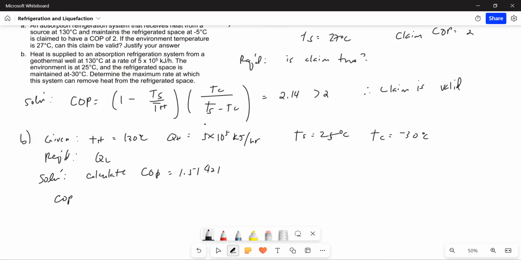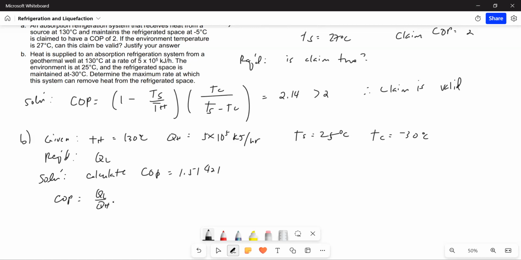And that COP, kasi we're looking at maximum rate, so we can assume a completely reversible absorption refrigeration, that's why we can calculate the COP. This is the reversible absorption refrigeration formula, diba? So we calculated the COP for that, and COP is QL over QH.